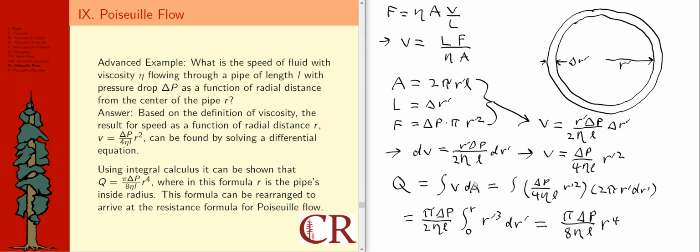In this case, though, since in Poiseuille flow the amount of movement of fluid is dependent on that radial distance r prime, we can't just take speed times area. That would work if speed were constant throughout the flow, but it's not. So we have to integrate over that, and that means we need to make that area infinitesimal.